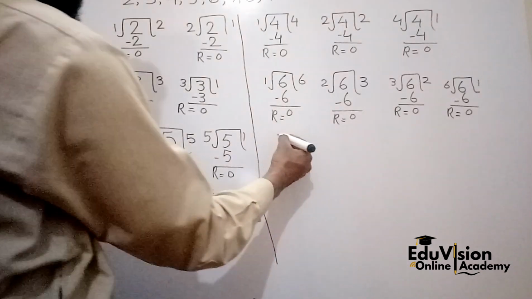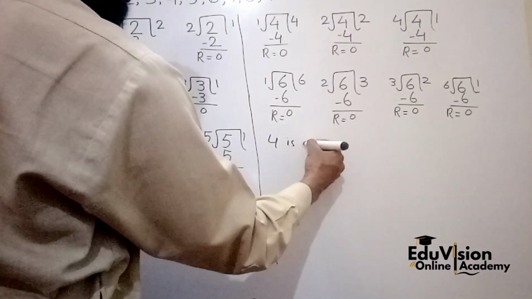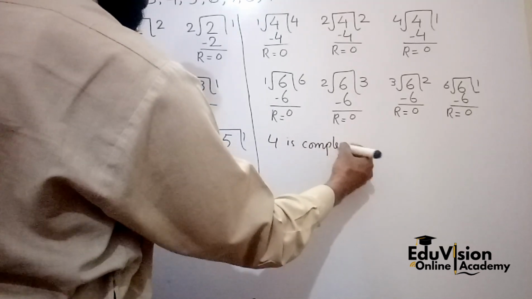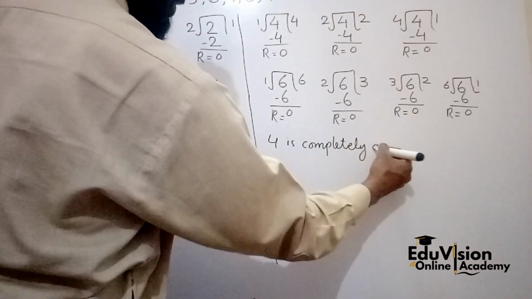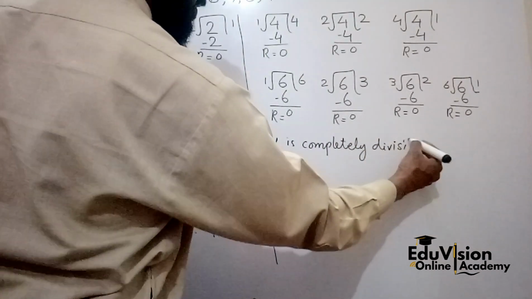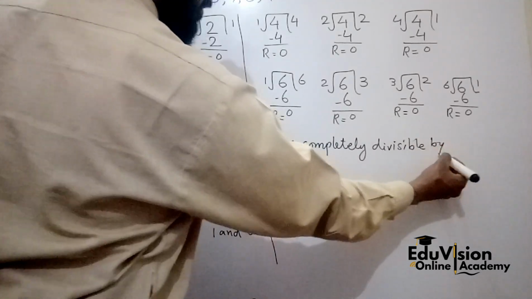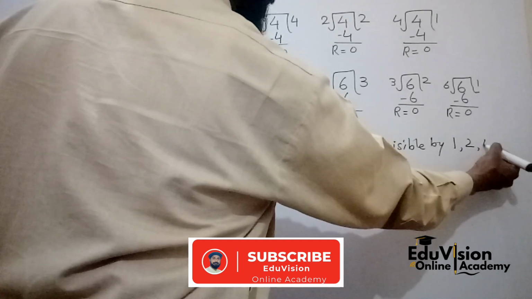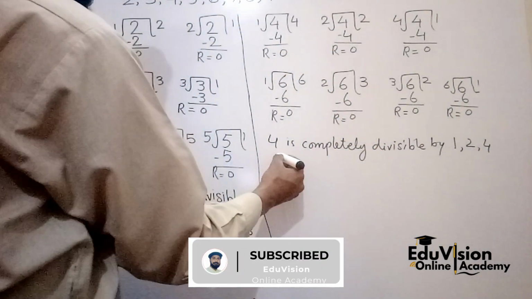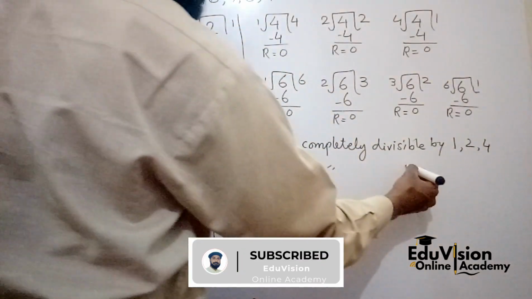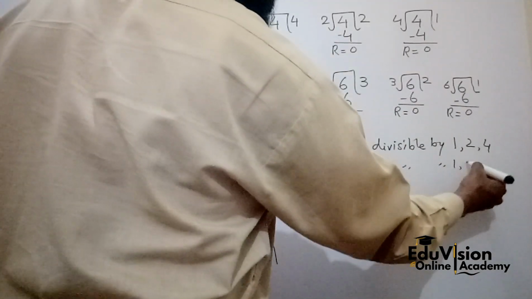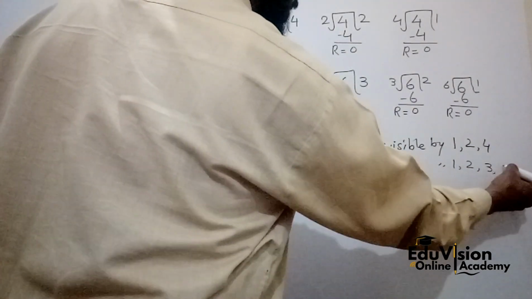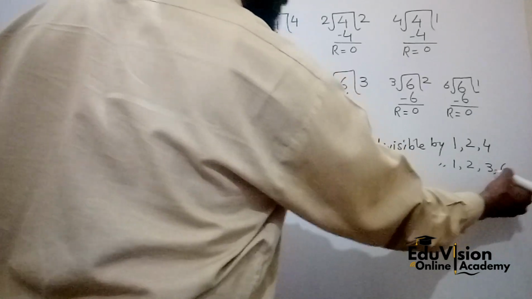On the other hand, 4 is completely divisible by 1, 2 and 4. 6 is completely divisible by 1, 2, 3, 6.